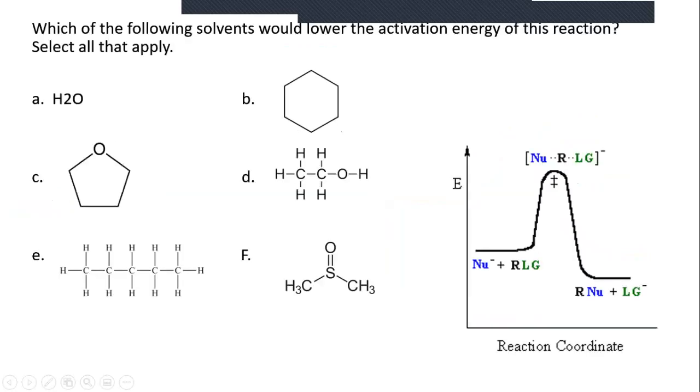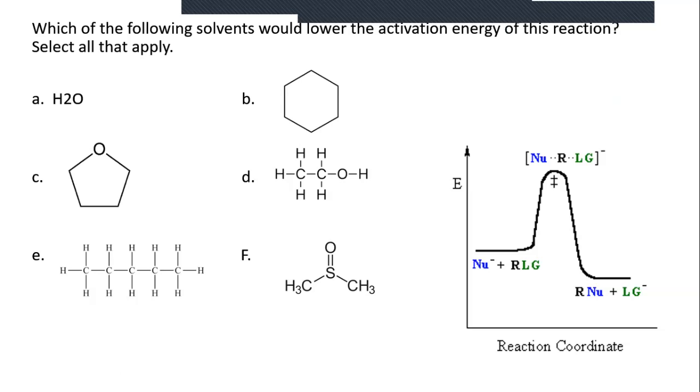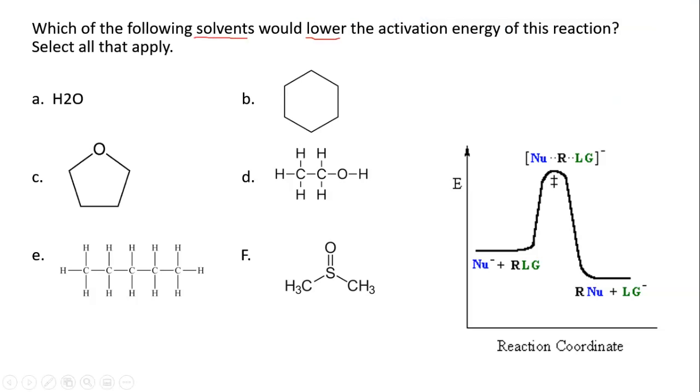So now let's look at some questions. Here we want to know which of the following solvents would lower the activation energy of this reaction. The first thing, we need to identify what type of reaction it is.